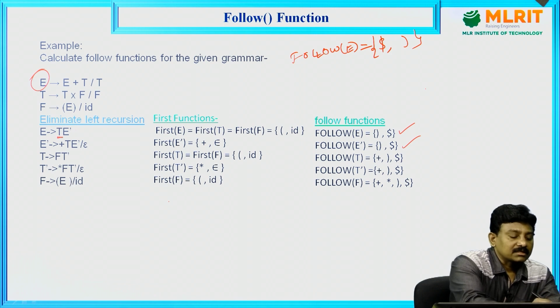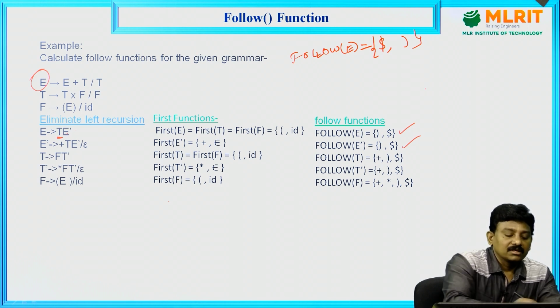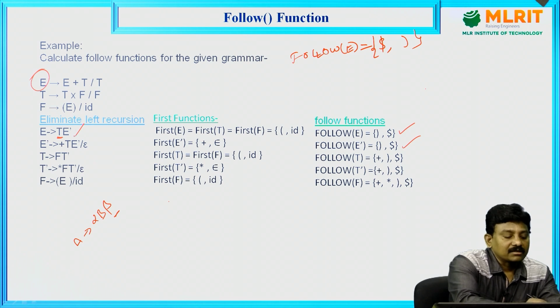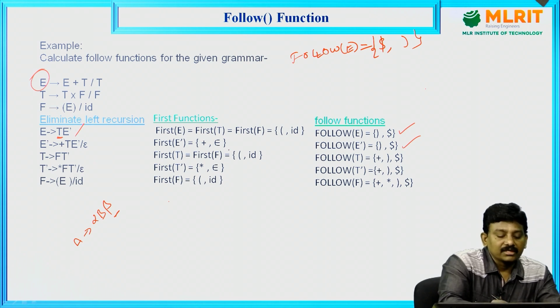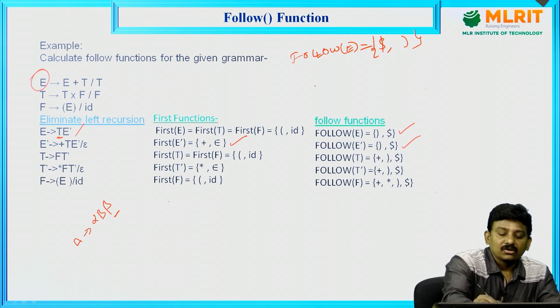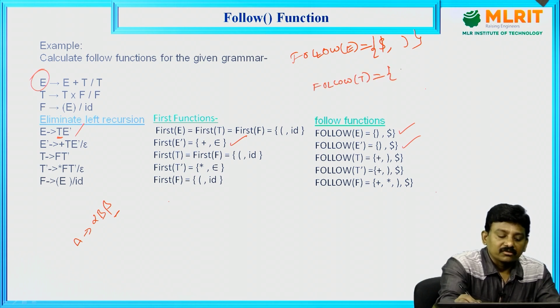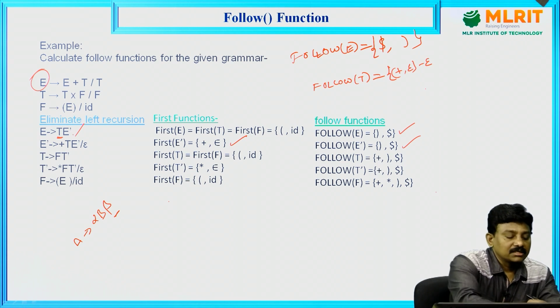Then follow of T. Where is T? Here, and E dash is a non-terminal following T. Which rule do we apply? The third rule, A derives alpha B beta. Here we need to find first of beta. First of E dash is plus and epsilon. So follow of T is first of E dash, which is plus, excluding epsilon because E dash derives epsilon.